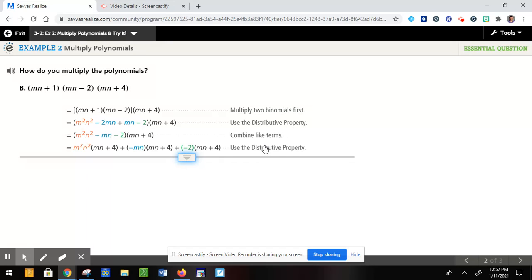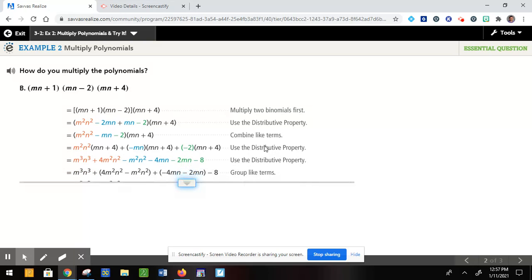It doesn't matter. I just probably would have written it a slightly different way. The end result would be the same though. You group the like terms, you combine the like terms, and then that's what you end up with. So what you're actually ending up with here is a 6th degree polynomial because of the 3 and the 3.